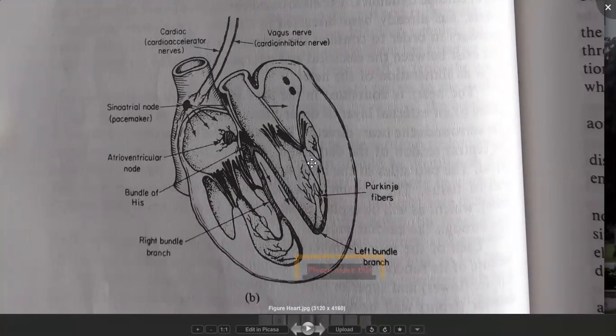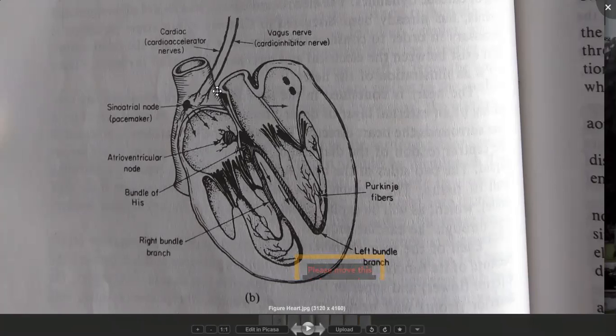So today we will see the electrical conduction system of the heart. In the last class we said that when the heart contracts, it pumps the blood to the next chambers, and again due to the contraction it sends blood to the different parts of the body.